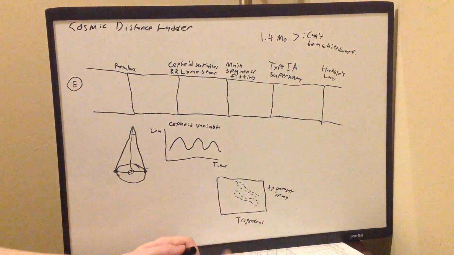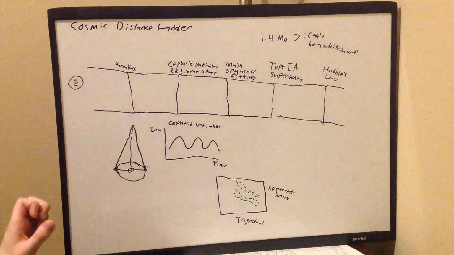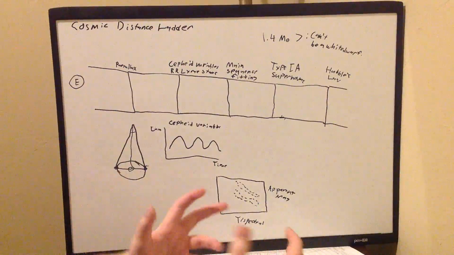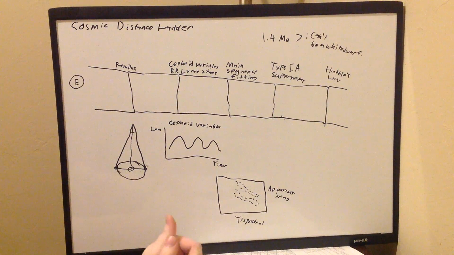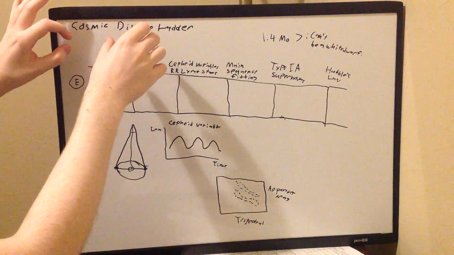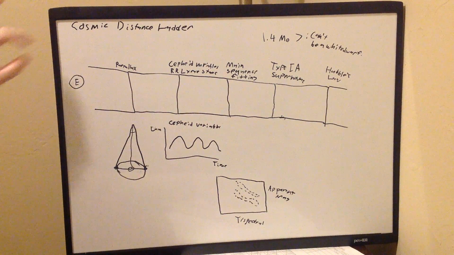Hubble, namesake of the famous Hubble Space Telescope, was an American astronomer from like the 20s, and he figured out that the universe was expanding. Space itself gets bigger over time. And because the space itself is getting bigger, it's sort of getting bigger at every point, if that makes sense.